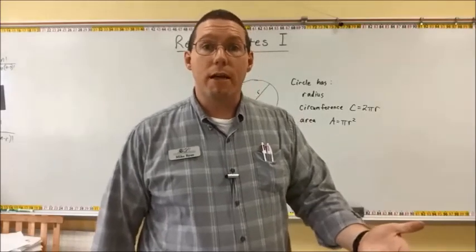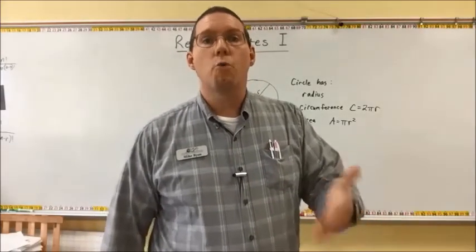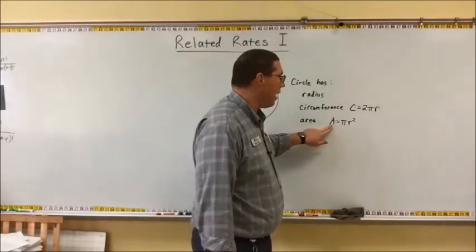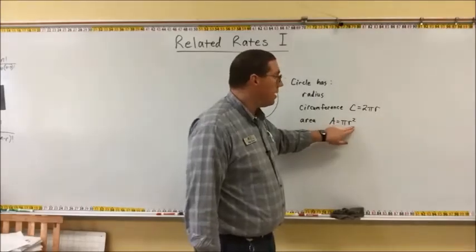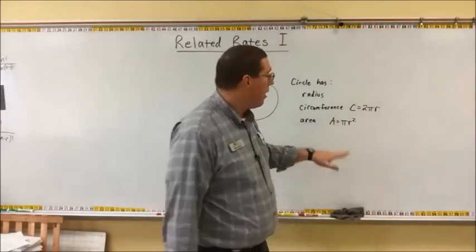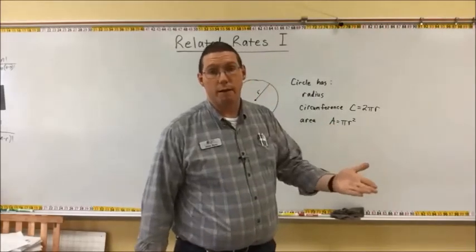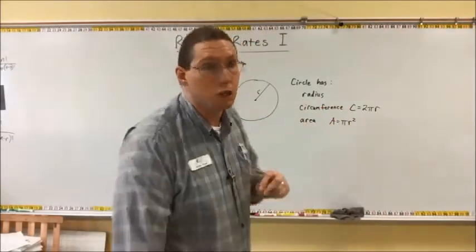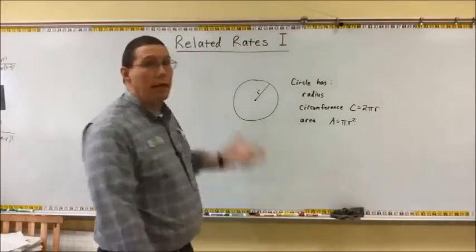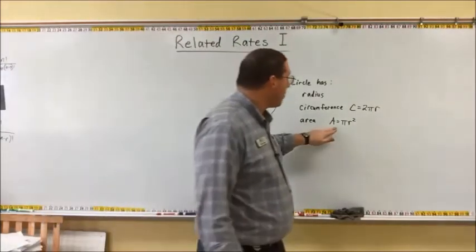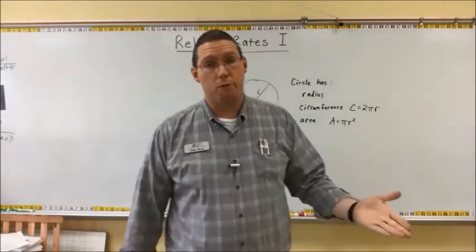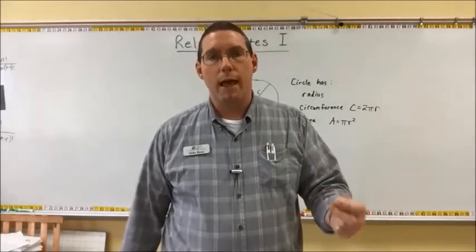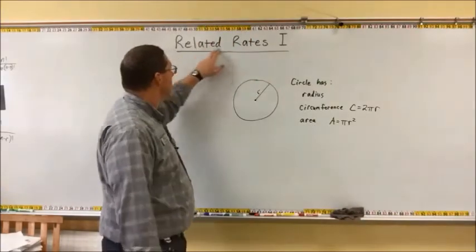And because the area is changing, it has a rate of change. So because the radius is changing and the area is changing, the radius has a rate of change, and the area has a rate of change, and those 2 rates of change are related to each other. The reason they're related to each other is because area and radius are related to each other, and therefore their rates of change are also related. Hence, we have related rates.